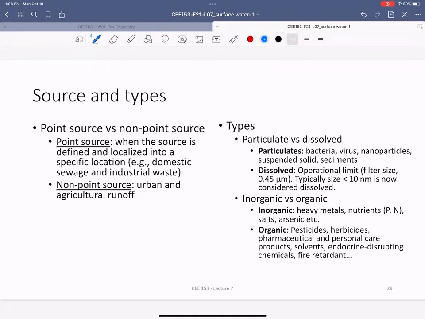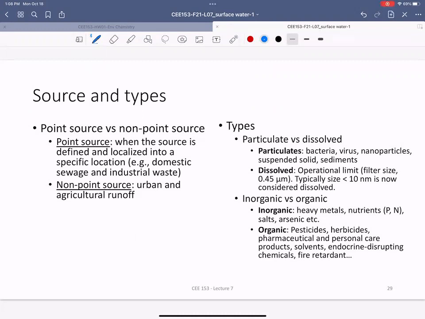A lot of times, for instance, in the homework problem, the wastewater treatment plant is the source of pollutant. So it's very easy to design a wastewater treatment plant that releases less and less pollutant. But most of the time, the challenge is not a point source.